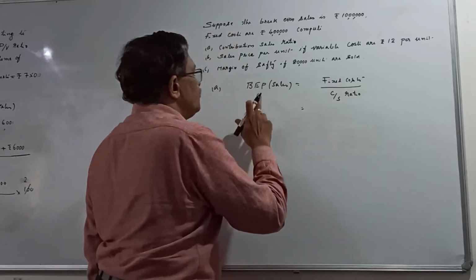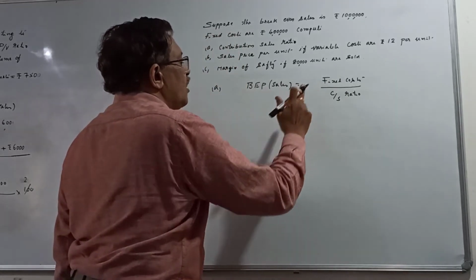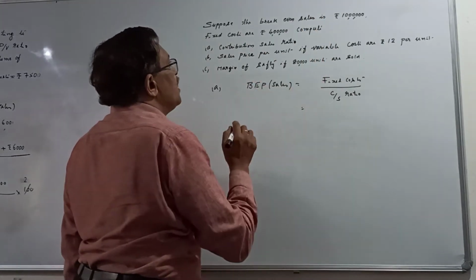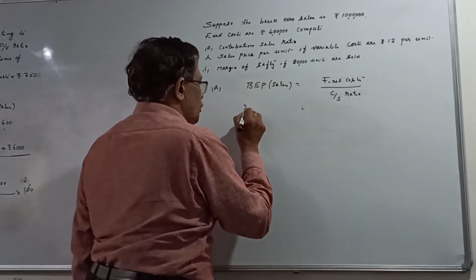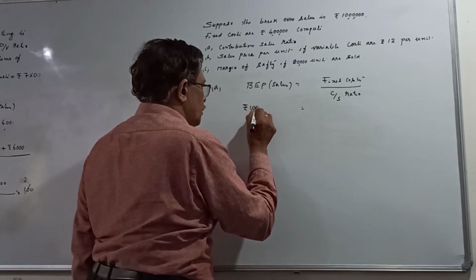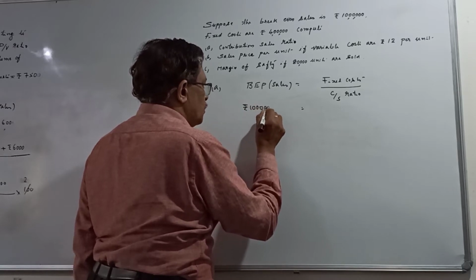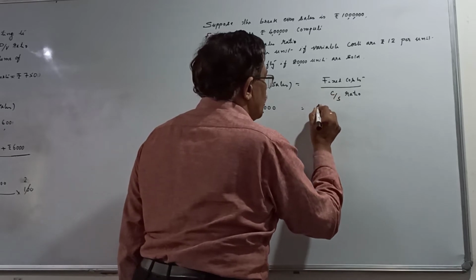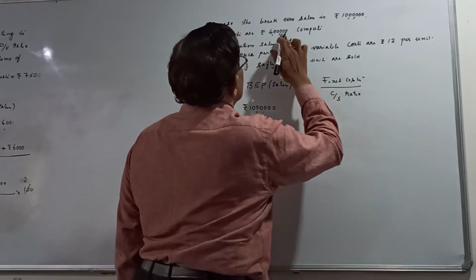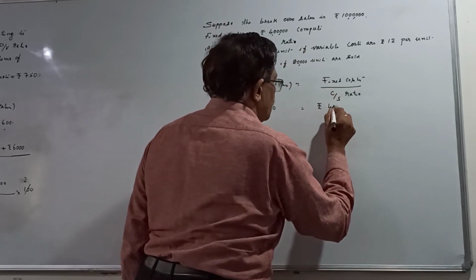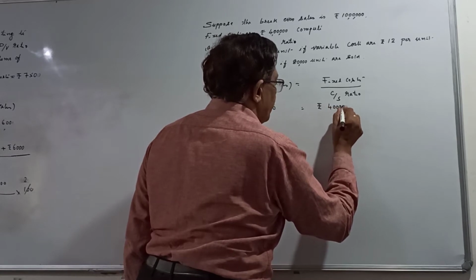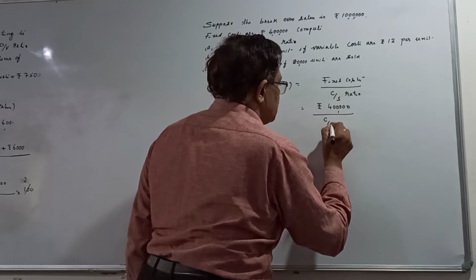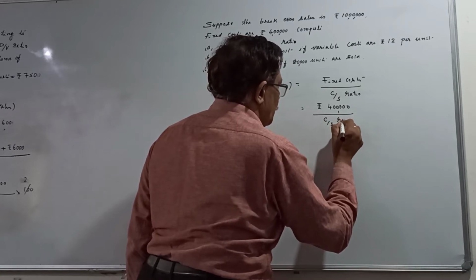We have information with regard to the break-even sales, and also the fixed cost. Break-even sales were given as rupees 10 lakhs, and we have fixed costs of rupees 4 lakhs, divided by C by S ratio.